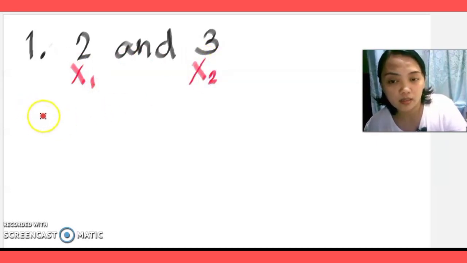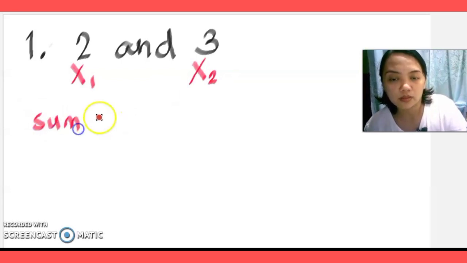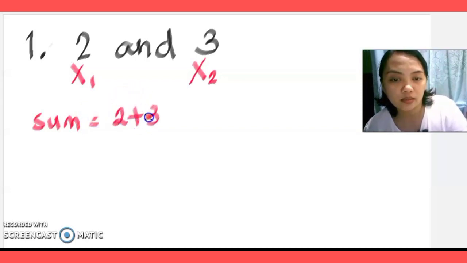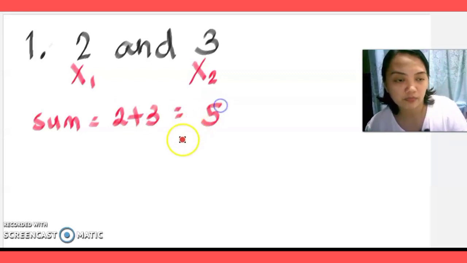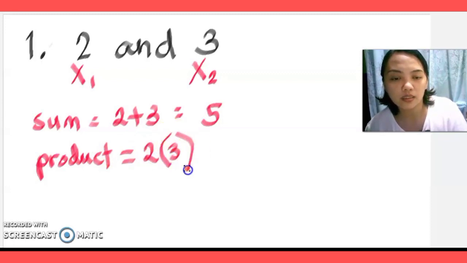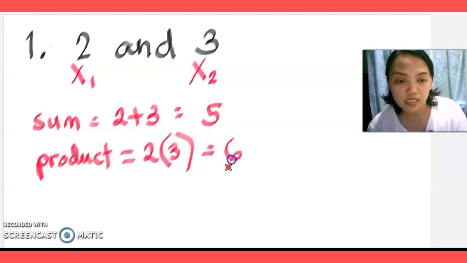Getting the sum, so we have 2 plus 3, which is 5. Next, product. The product is equal to 2 times 3, which is 6.